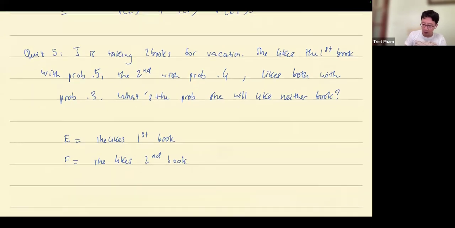For example, what do we know? We know that P of E is 0.5. P of F is 0.4. The event that she likes both books would be P of EF, 0.3. All right. Now, what is the question in terms of notation?